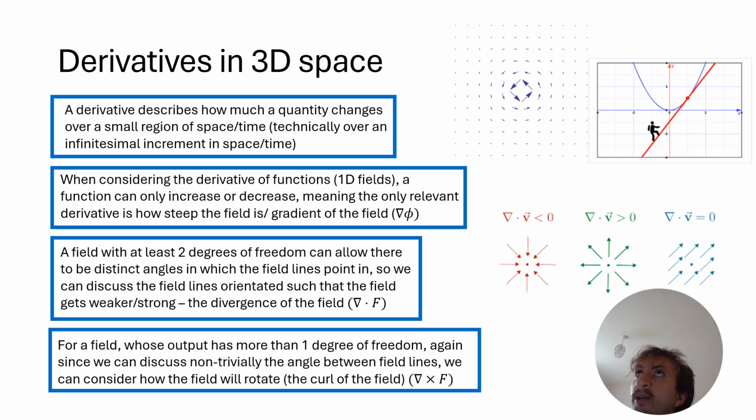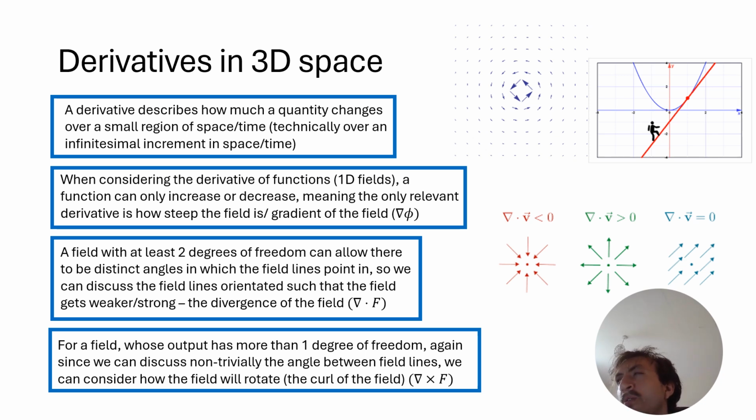So, for example, the force generated by a bar magnet is an example of a field which would have non-zero curl, because if your angle is such that you're orientated with the north pole of a magnet, you'll feel a substantially different force to if you're orientated such that you're facing the south pole of the magnet. So it matters what pole you're facing. So the field has curl. It has some kind of rotational dependence. I should say angular dependence.